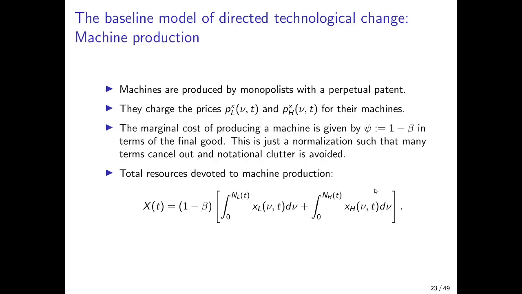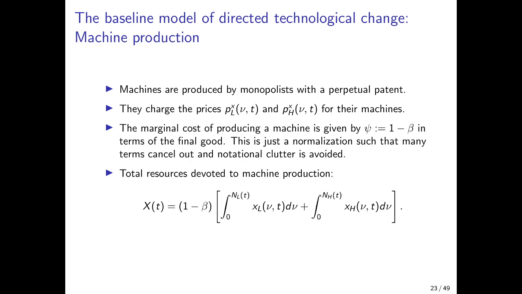Next, the machines are produced by the monopolists in the machine producing sector, where it's assumed that they have a perpetual patent over the particular machine variety that they produce. Therefore, they can charge prices PLX for the particular variety, and PHX for those who produce the machines that are suited for high-skilled workers, and these prices will be above the marginal cost.